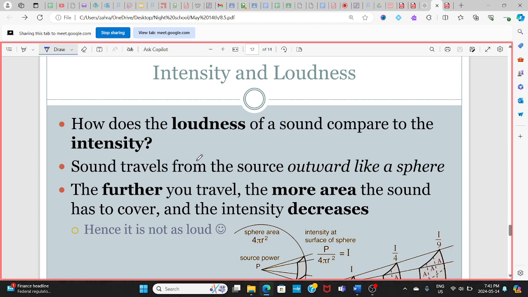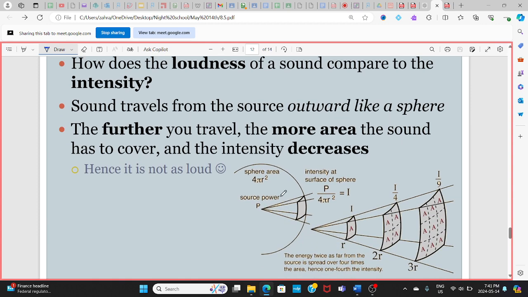How does the loudness of a sound compare to intensity? We know that sound travels outward from the source like a sphere, in three dimensions. The further it travels, the more area the sound has to cover, right?